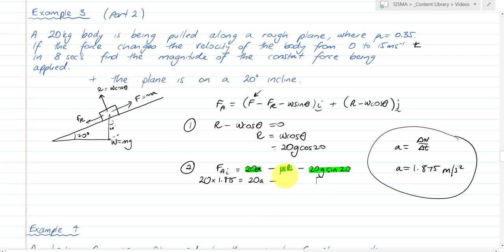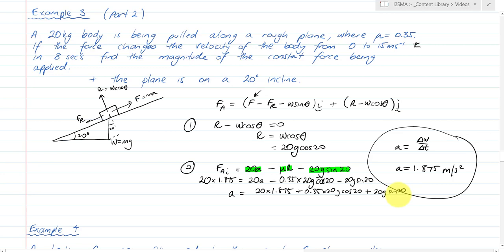Minus mu R, and that's 0.35 times R, which is 20G cos 20, minus 20G sine 20. And now I can rearrange this, and you can do this quietly and slowly if you want to, but I get 20 times 1.875 plus 0.35 times 20G cos 20 plus 20G sine 20.